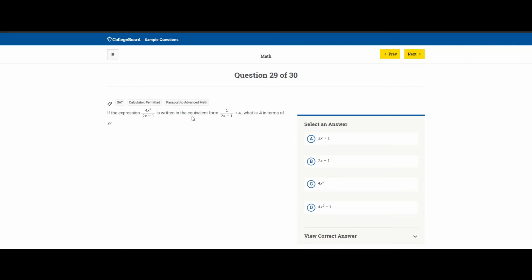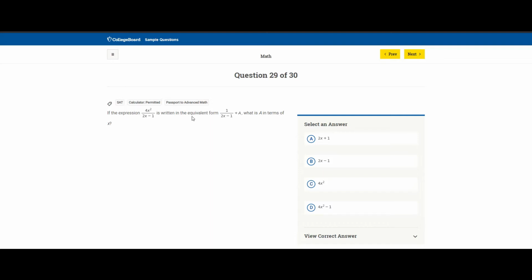So let's see, 2x, and then let's see, negative 2x actually. Let's see, negative 4x. Actually, it should be 2x now that I think about it.